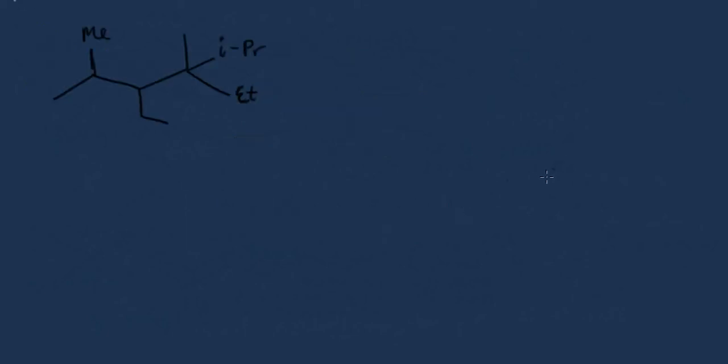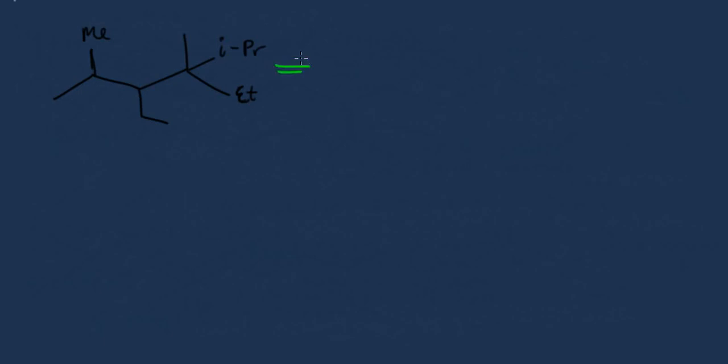All right, so in this molecule, I've tried to throw in a little bit of everything. So we have our confusing notation where we have ethyl written as Et and our methyl written as Me. For something that looks kind of confusing like this one, it might be helpful if we went ahead and redrew this.